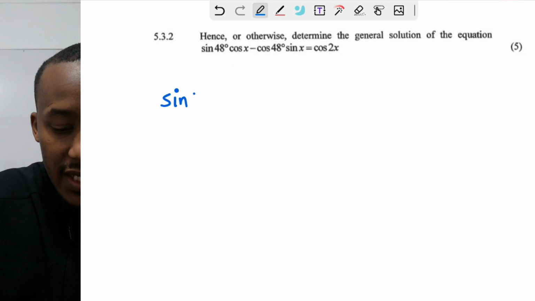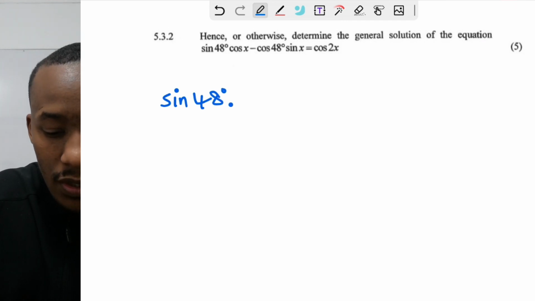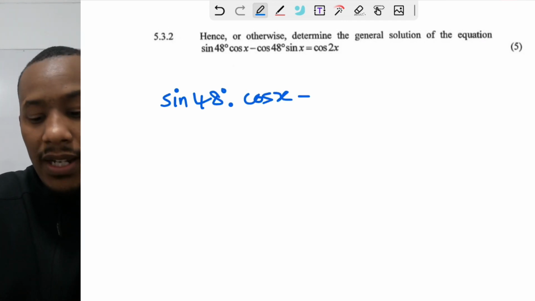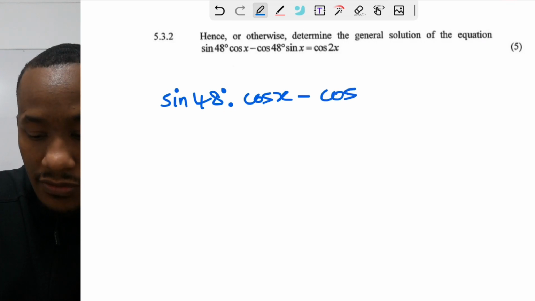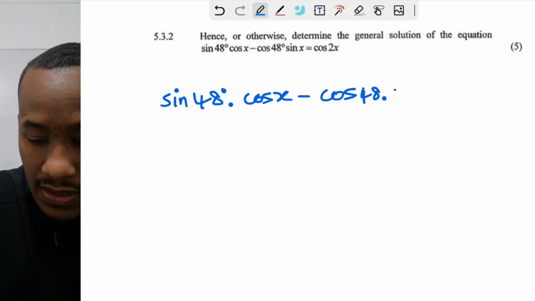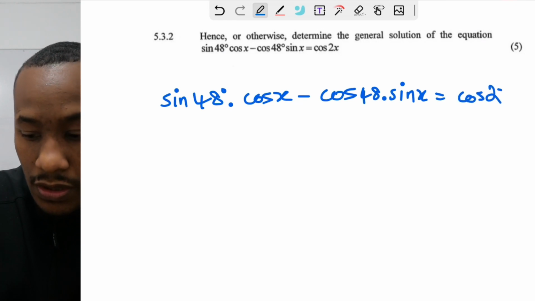Okay, so part 2 of this question, we have sine 48 degrees times cos x minus cos 48 degrees times sine x. This is equal to cos 2x.